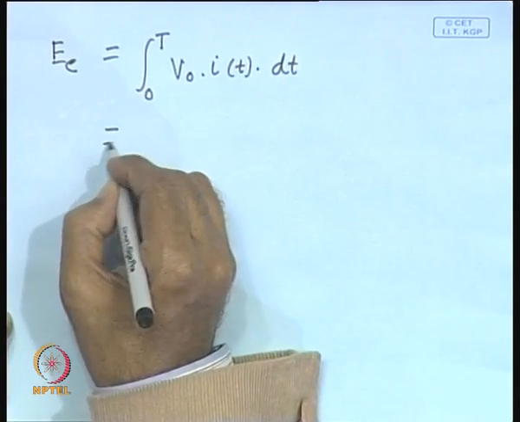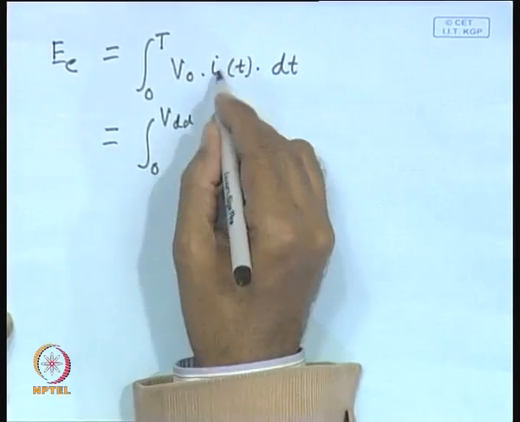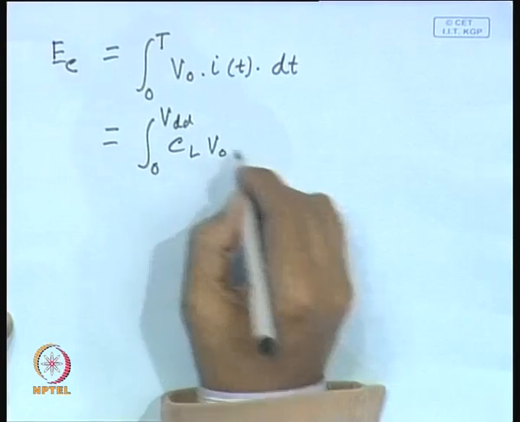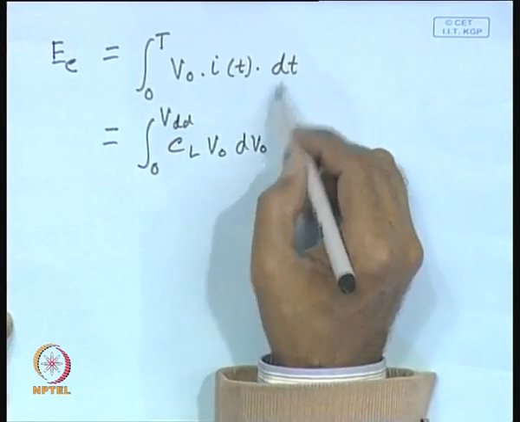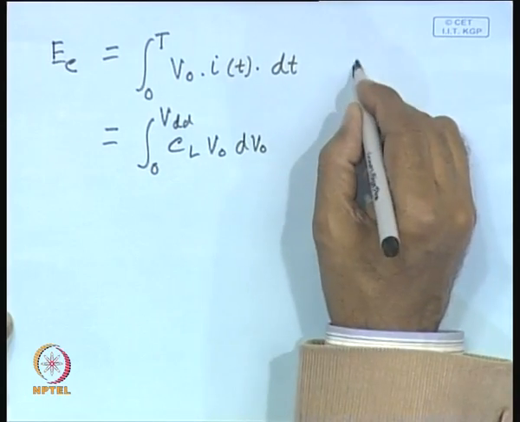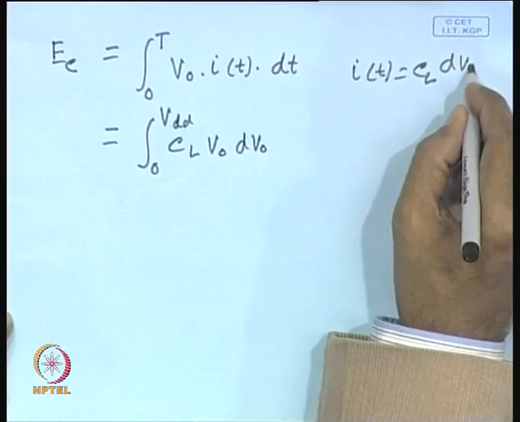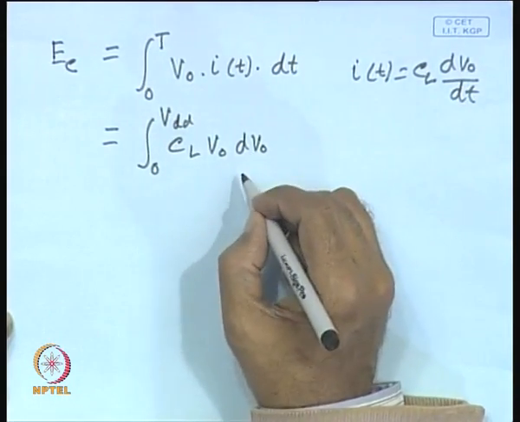So, we can write this as the integral from 0 to VDD. If we substitute IT, it becomes CL V0 dV0, because IT, as we have seen, is equal to CL dV0 by dt, so this dt and this dt cancel out and we get dV0.